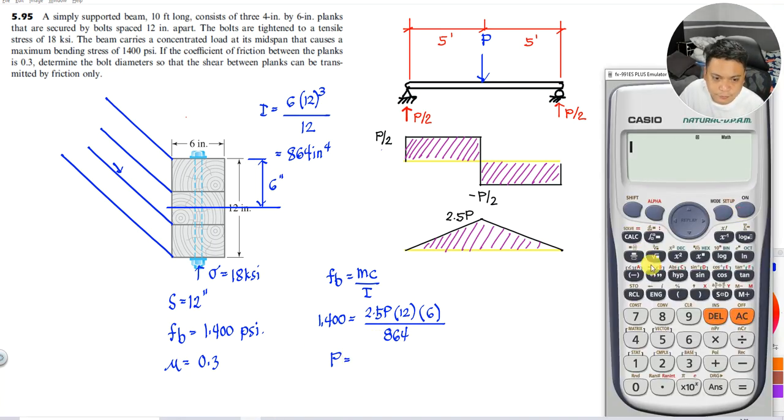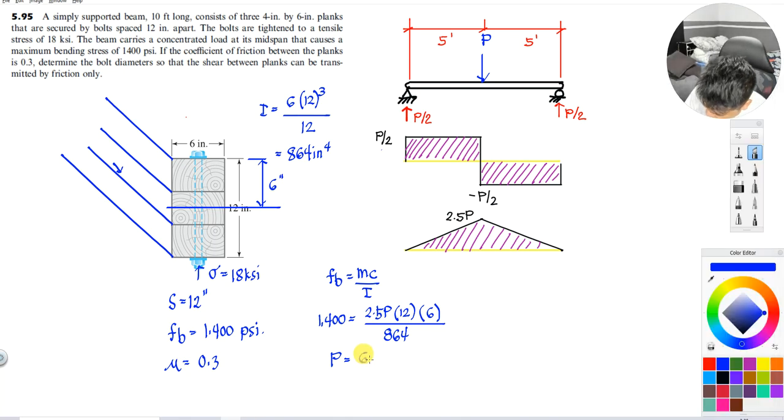So, 1,400 again equal to 2.5 of X, times 12 times 6 all over 864. So, let's solve. 6,720, and then pounds. Okay?